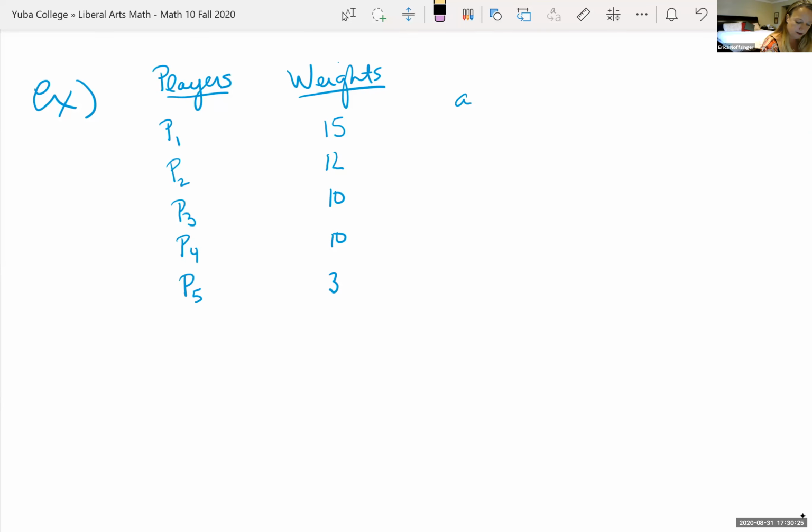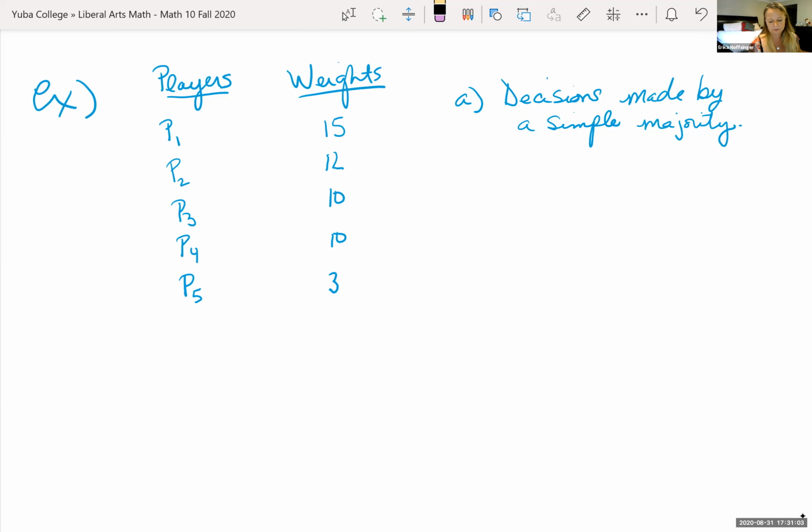Part A, describe the standard notation if the decisions in the partnership are made by a simple majority. Okay, so decisions are made by a simple majority. We need to figure out what the majority is.